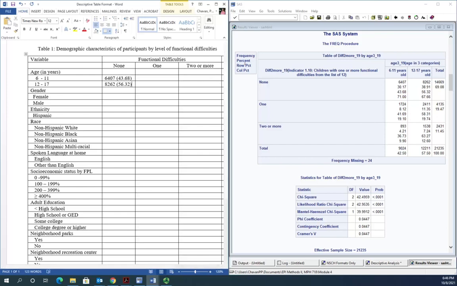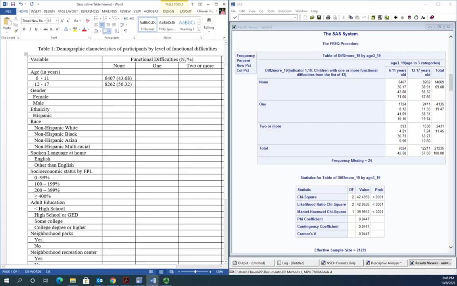However, I know that I am filling in frequency over here and percentage in parentheses, but how will the audience who are reading the paper know? They should know which number denotes what. So therefore, over here in functional difficulties, I'm going to put in parentheses n, which means it is the sample frequency and percentage.